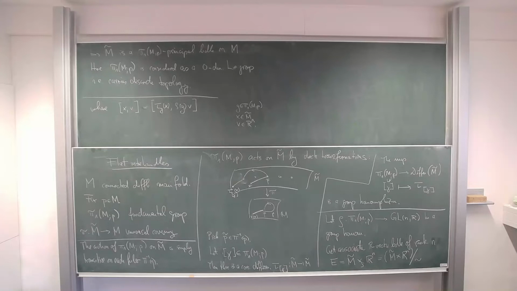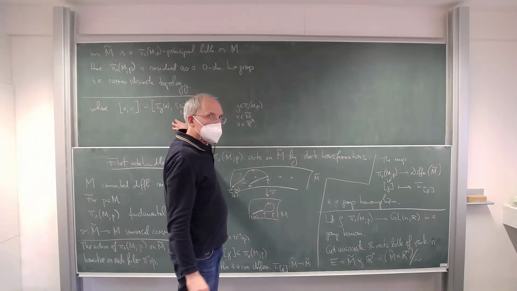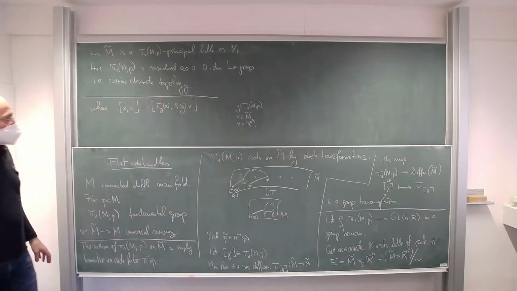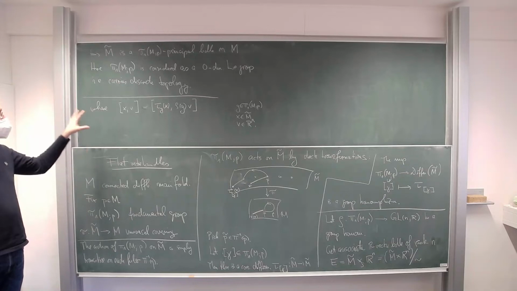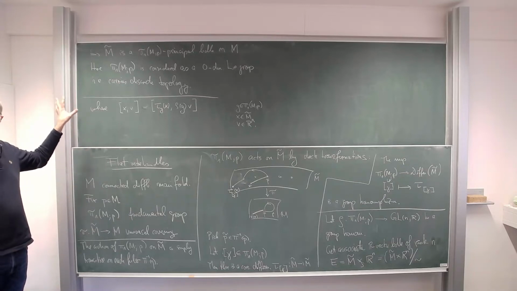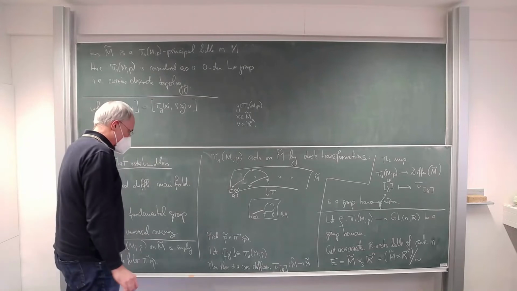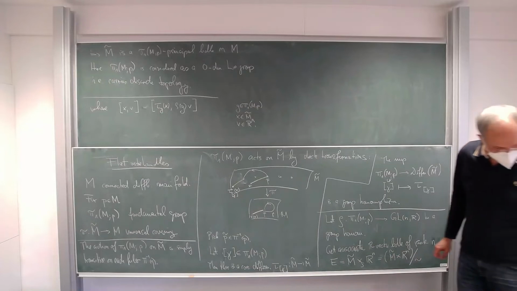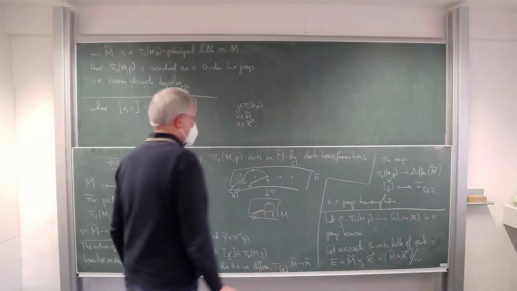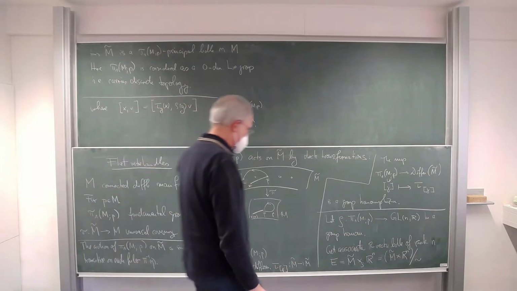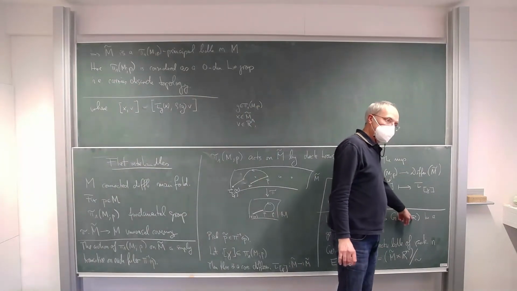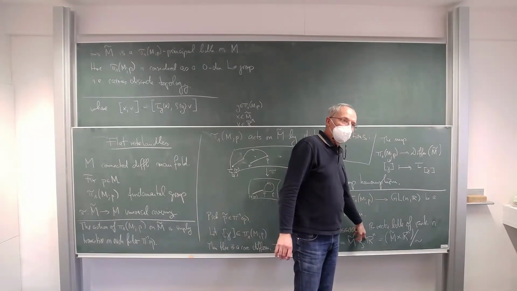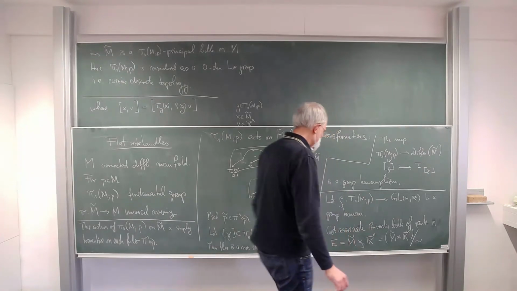This has nothing to do with the fundamental group. That's the usual construction for the associated vector bundle of a principal bundle with respect to a representation, and this was considered in one of the early exercise sheets. Okay, so we have this vector bundle, and it's clear that you could replace R by C, and then here you would replace R^n by C^n, and then you would get a complex vector bundle.